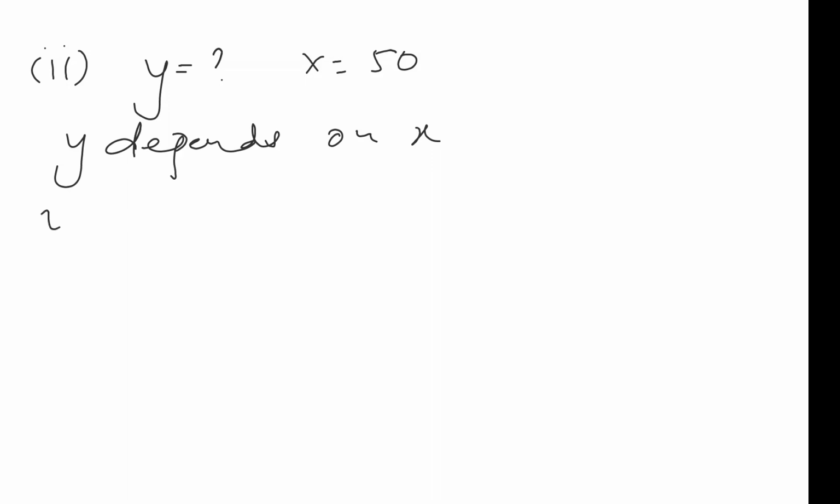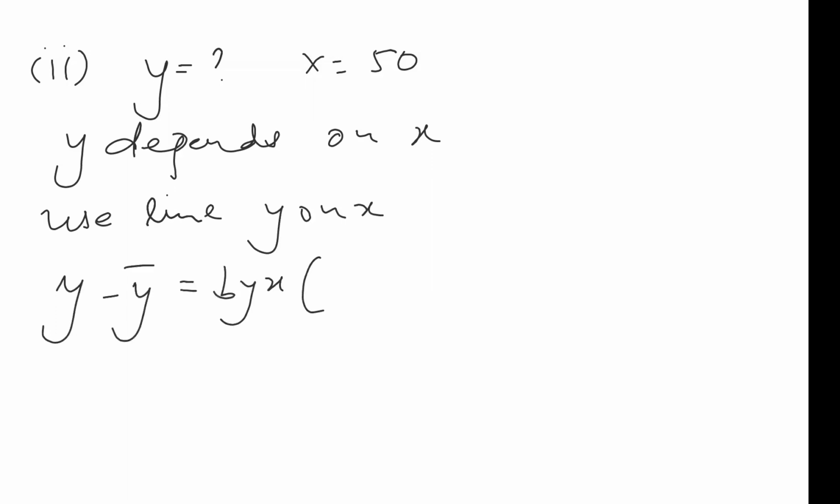So use line y on x. Okay. So y minus y bar equals byx into x minus x bar. Okay, now look at the problem, look at the given data. We have y bar, we have byx, and we have x bar.